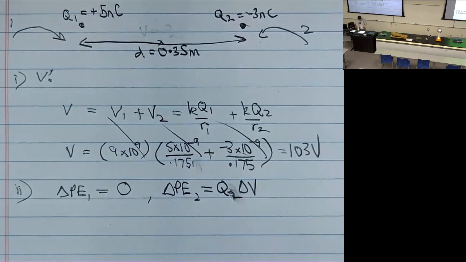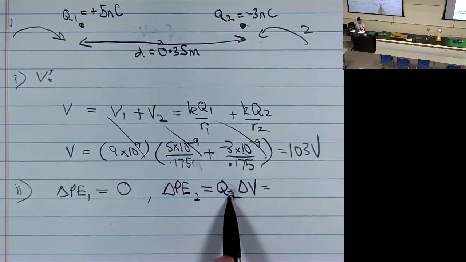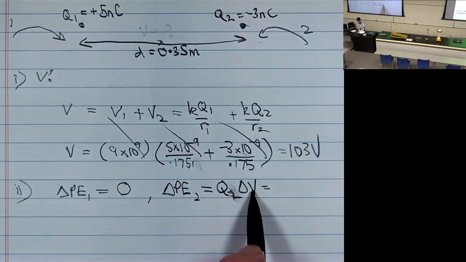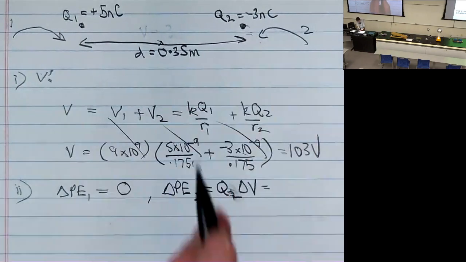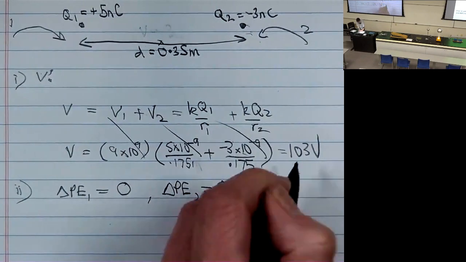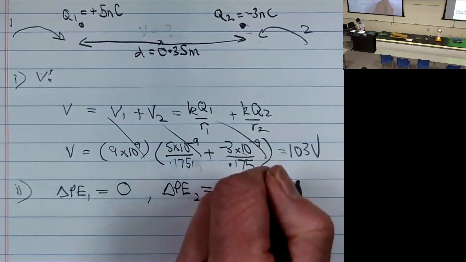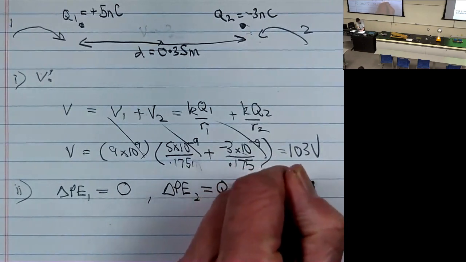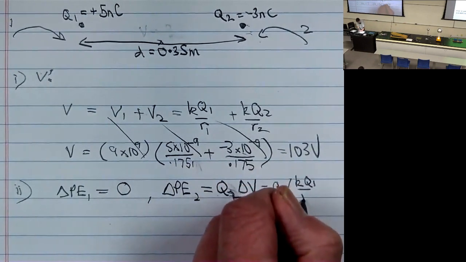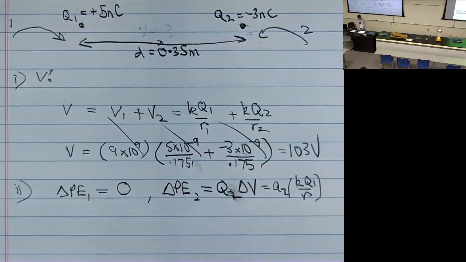Now, this is not 0, right? Because charge number 2 is sitting in the electrical potential of charge number 1 when we bring it close up. So I've got to multiply charge number 2 by kQ1 over r. This is the electrical potential of charge number 1 at that location where we place charge number 2.